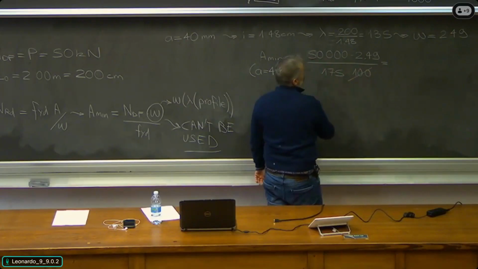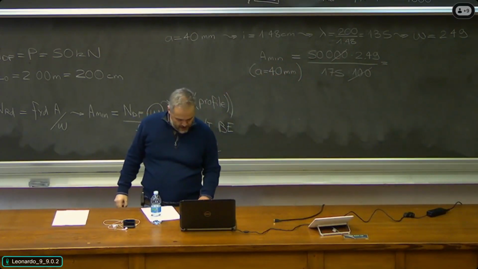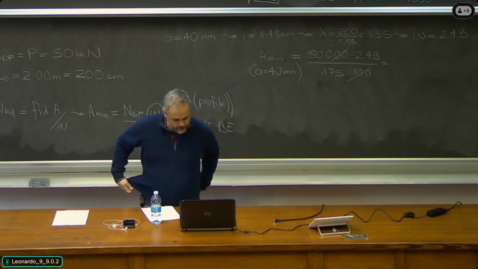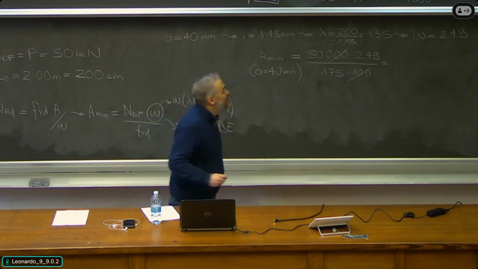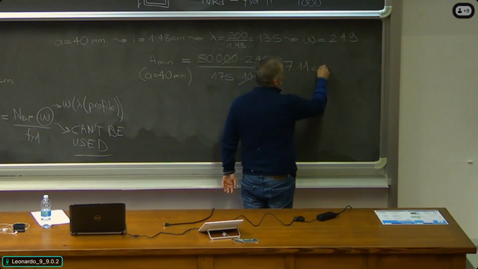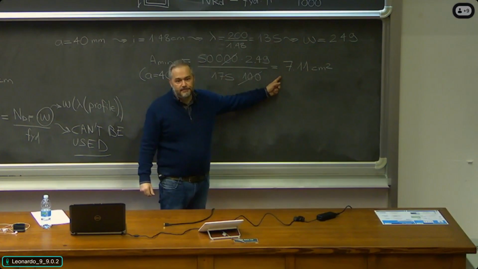So I cancel out 2 zeros here and 2 zeros here, and I do my calculation. 500 times 2.49 divided by 175. Result is 7.11 square centimeters. How do I have to interpret this result?